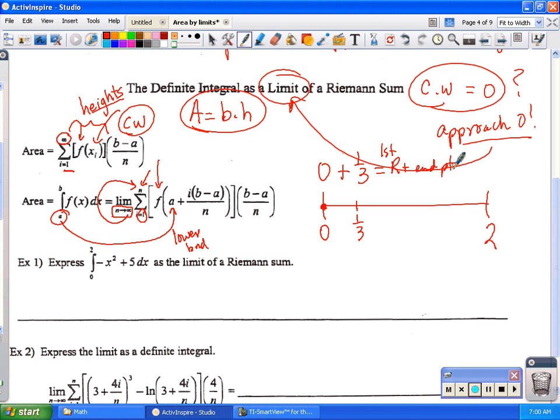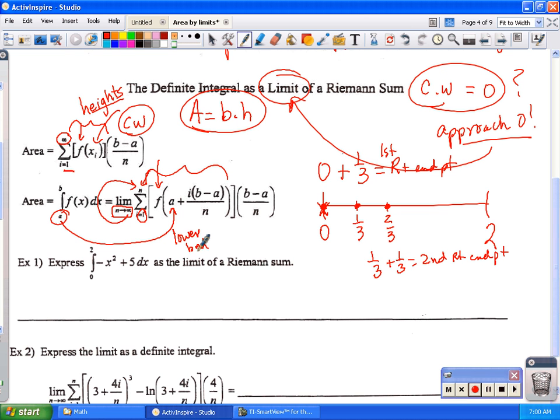And then to get to the next right endpoint, so now I'm at 1/3, so this is not a right endpoint, that's just where I started. To get to the next right endpoint, I add another third, which puts me at 2/3. That's the second right endpoint. So 1/3 plus 1/3 puts me at the second right endpoint. So that's what this expression is all about.